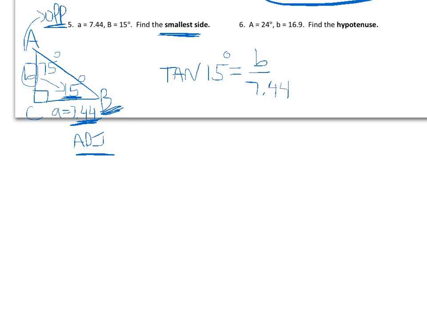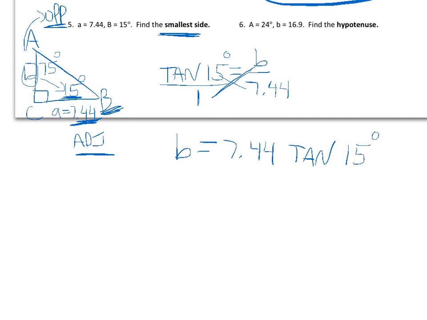Now this is a little bit easier. If I make this a proportion, I put this over 1. When I cross multiply here, I get b times 1, which is just b, and I cross multiply here, and it's 7.44 times the tangent of 15 degrees. See how I have it listed here? Make sure you put this first. Don't put the 7.44 here, because that means you would multiply the 15 degrees by 7.44.